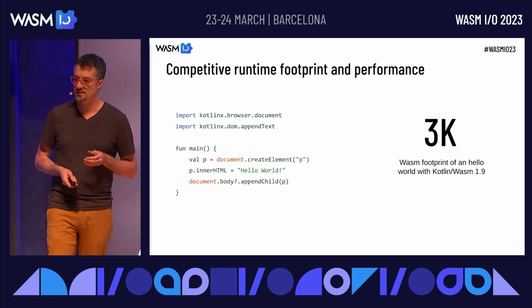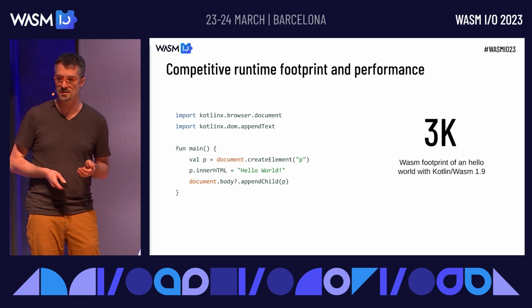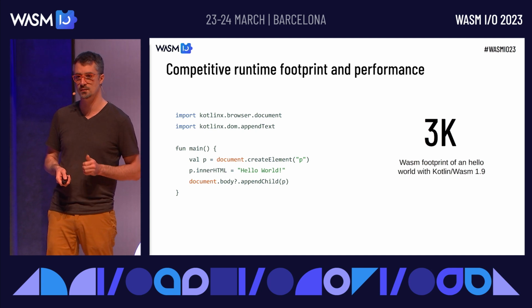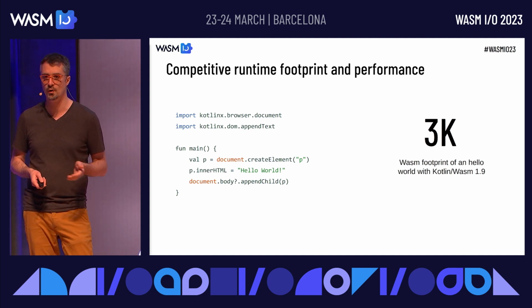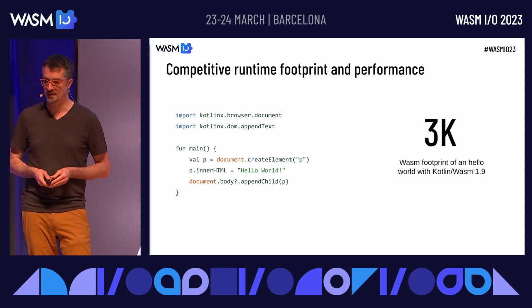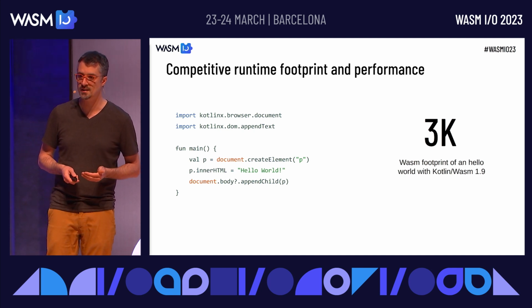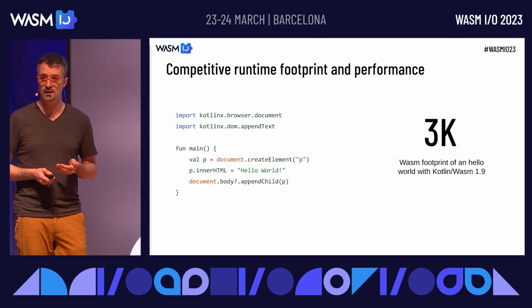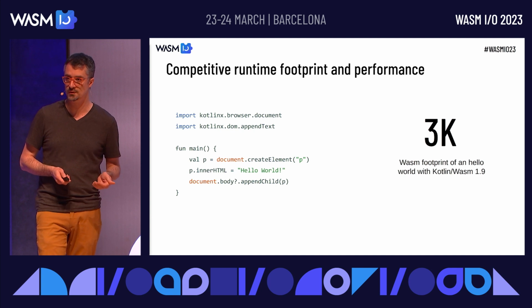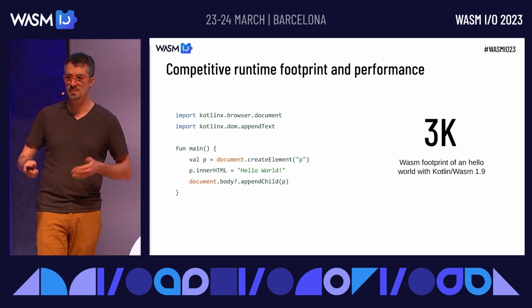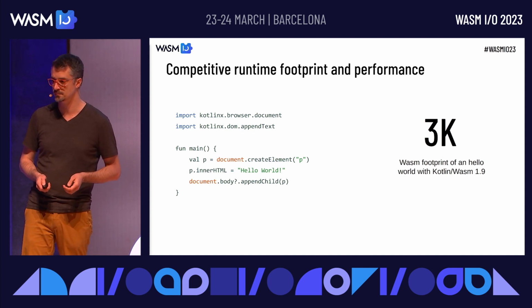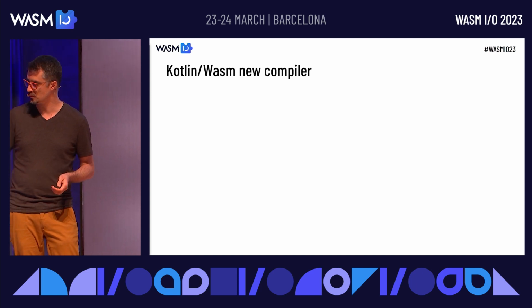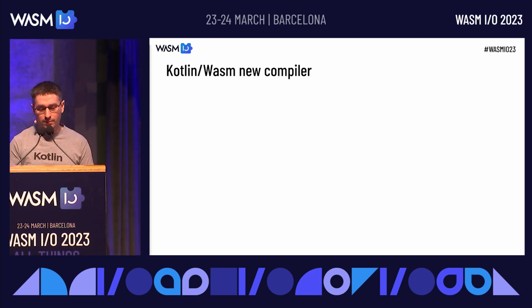And this pretty efficient compilation is illustrated by this 3 kilobytes footprint for a very simple Hello World application that basically uses the DOM binding. But that means that Kotlin Wasm is also usable to target public websites, not just back offices and stuff like that. Zalim, do you want to talk more about the new compiler?